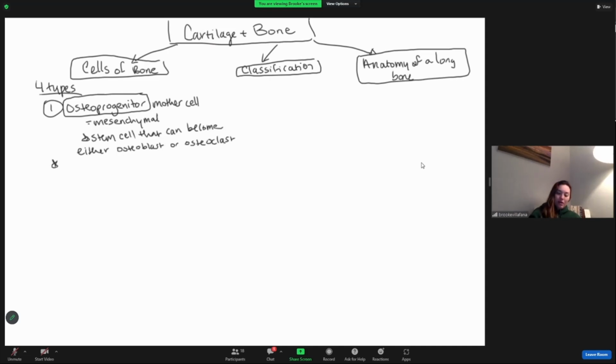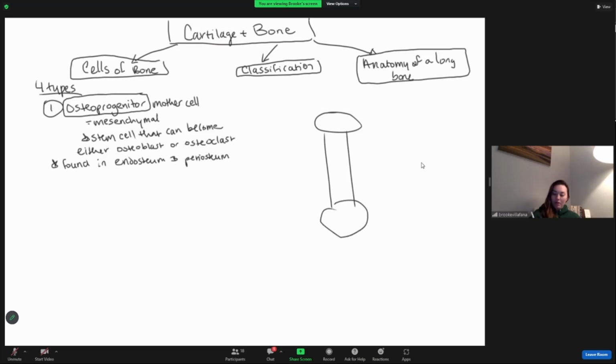And we said yesterday, if you remember, it was found in the endosteum and the periosteum. We had the drawing of the bone, and the periosteum was a covering around the entire bone. It had the little perforating fibers that went into the hydroxyapatite, right? And this was the periosteum, and that has osteoprogenitor.